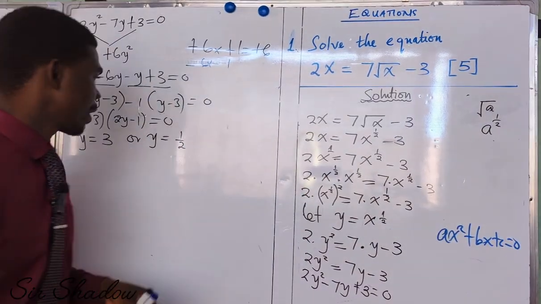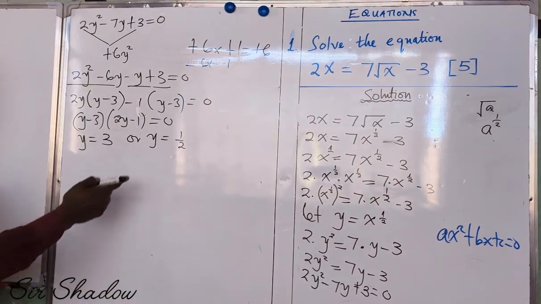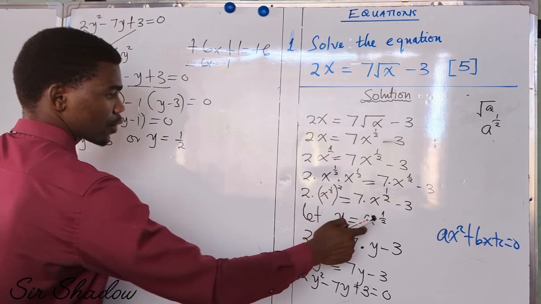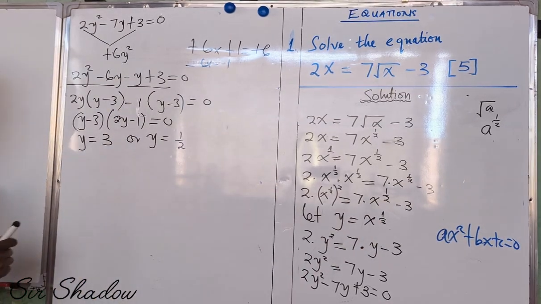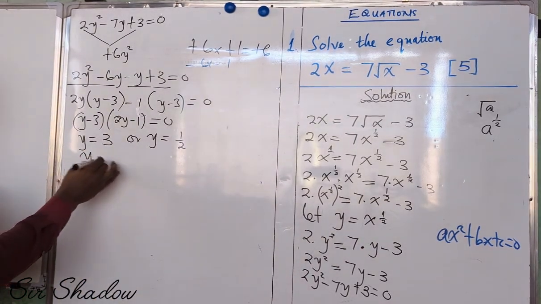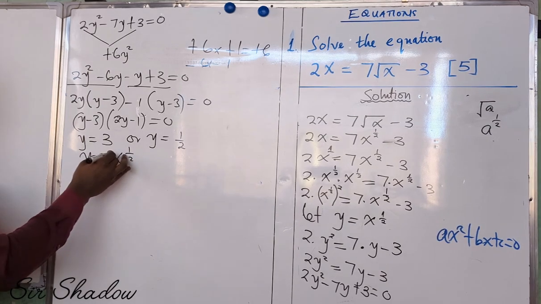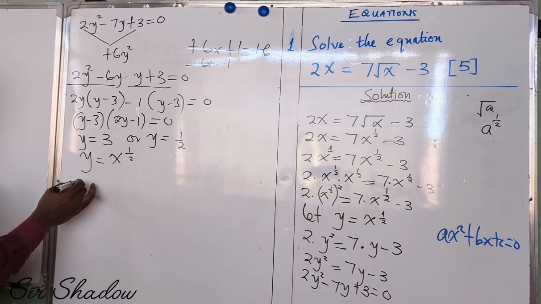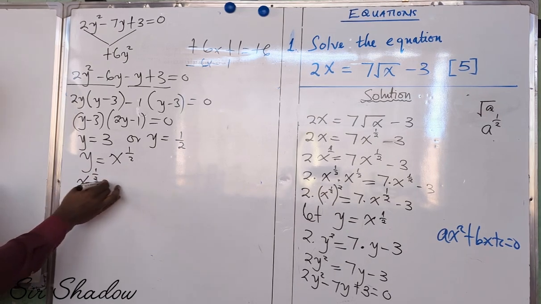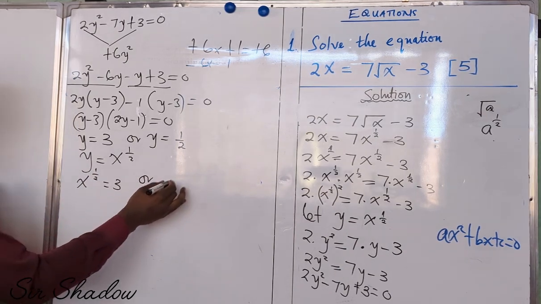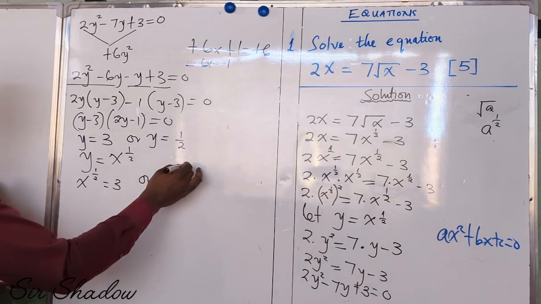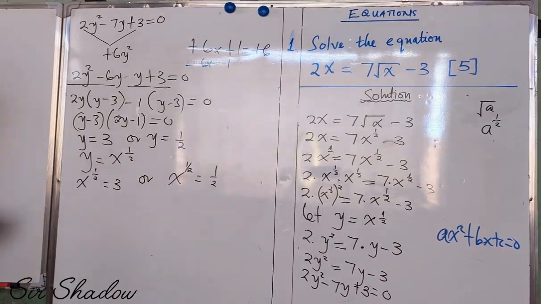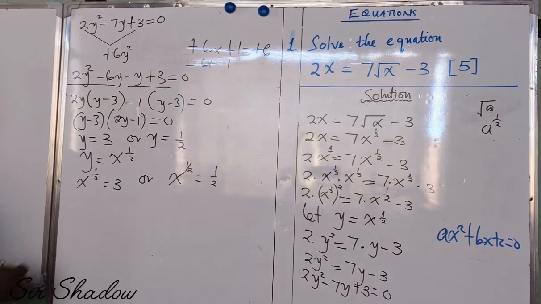So basically, I have to check where let y equal x to the power half. So where there is y, I have to put 3. So I have to say x to the power half is equal to 3, or x to the power half is equal to half, because I have two possible values of y.